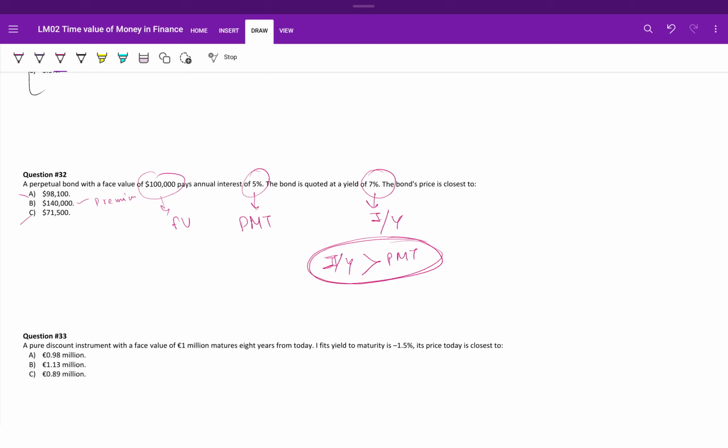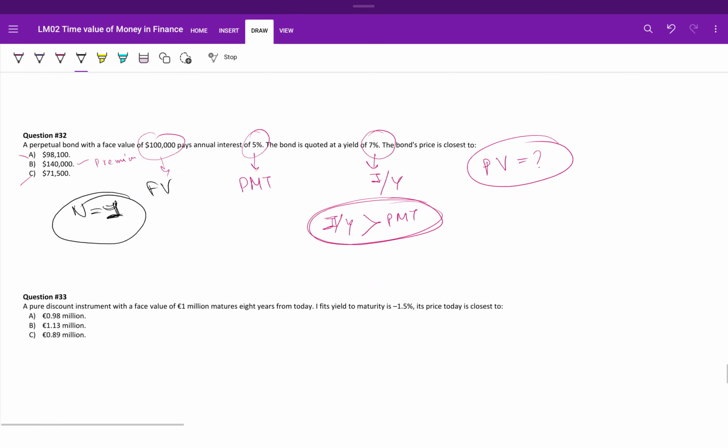But by how much? For that, we actually have to plug in these numbers. So present value we actually have to calculate. This is our future value. And N, we do not have any N, so I'm assuming we can use N as 1. This will help us calculate the price of the bond.